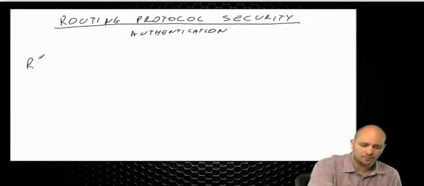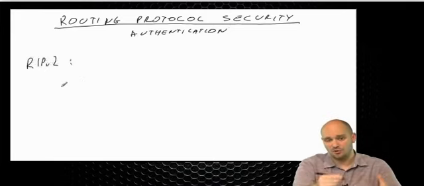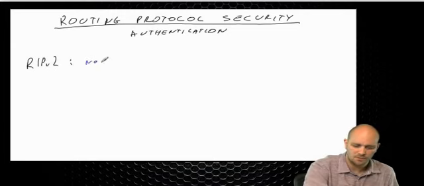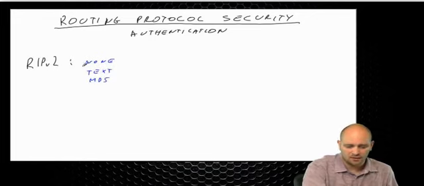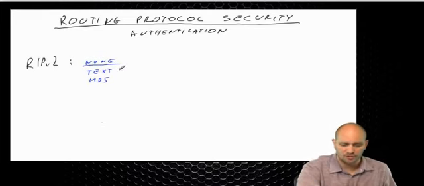For example, RIP version 2 supports two forms of, or actually I should say three forms of authentication. It supports none, it supports plain text, and it supports MD5. Now, none is easily done. It is always configured. It's when you don't use the authentication.